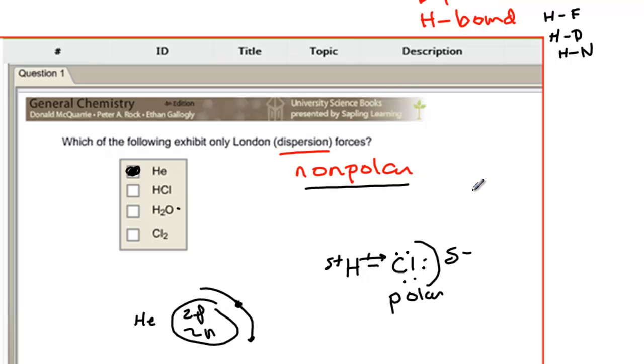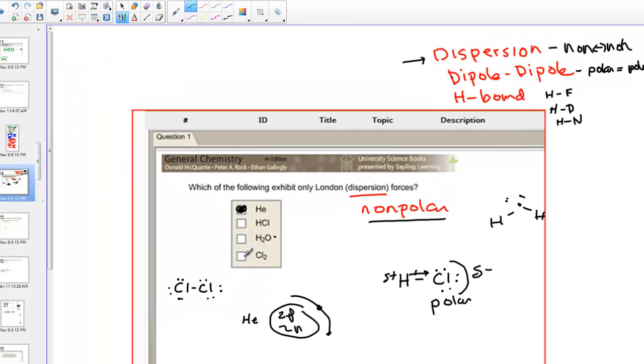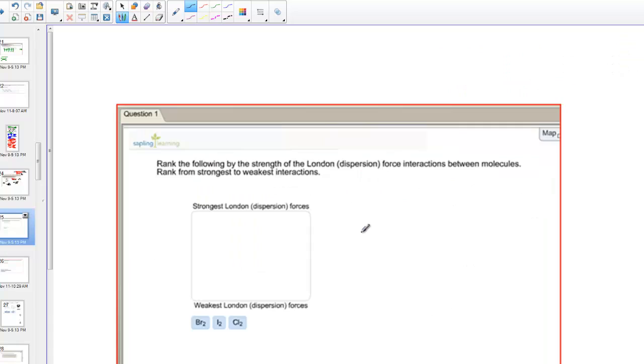Water, we know, in terms of its Lewis structure, has a very strong intermolecular attraction. It exhibits hydrogen bonding. And diatomic chlorine, 2 chlorine atoms with a single bond between them, has a complete uniformity in its electron distribution. It is also a nonpolar molecule. Dispersion forces exist between nonpolar and nonpolar.